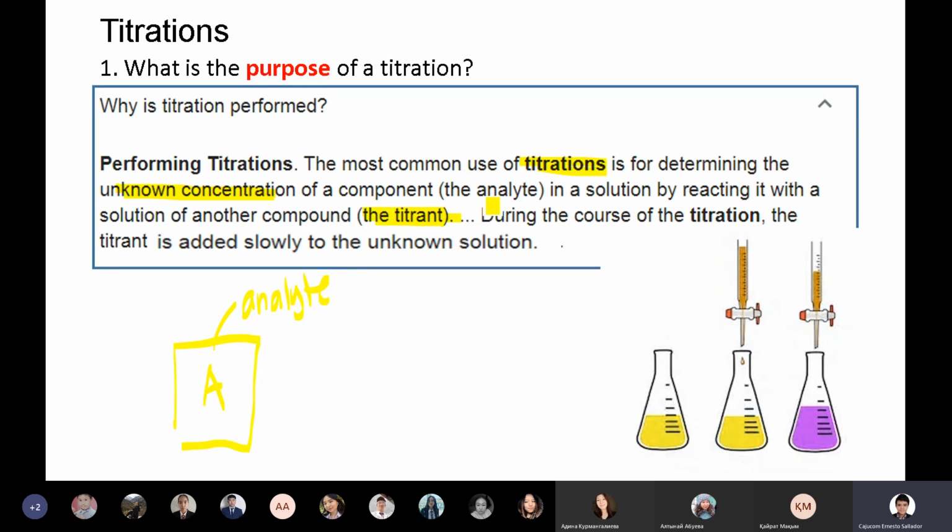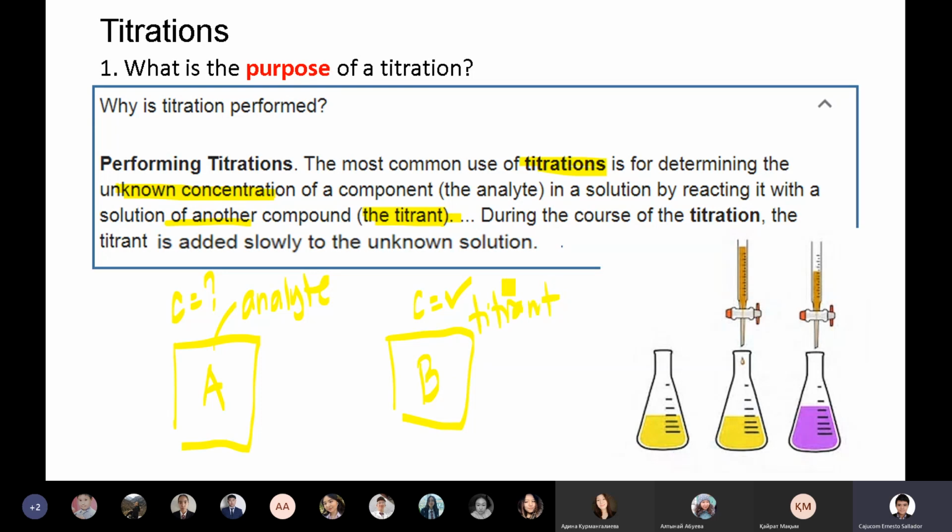The main goal of titration is to determine the concentration of this using a solution of another compound. Let's say we will use substance B. We know the concentration of substance B, and we know the nature of it. This one is what we call the titrant.